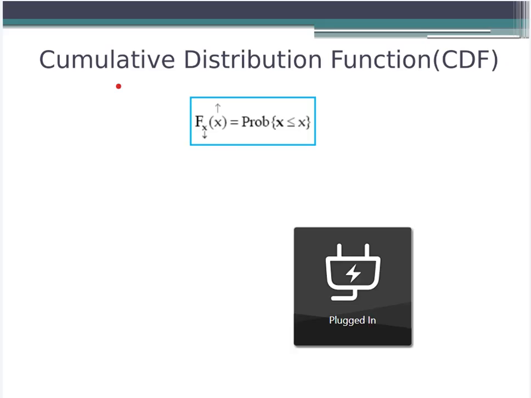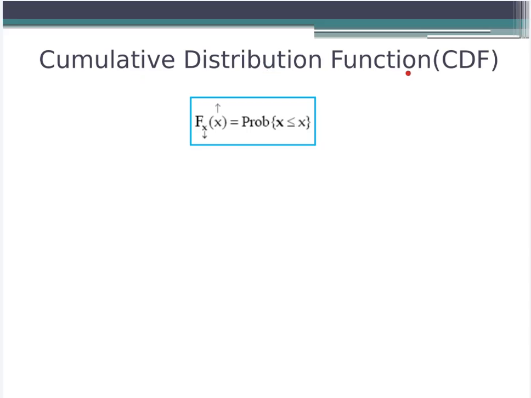We define the cumulative distribution function, or CDF, for continuous random variables and also for discrete random variables. So the CDF can be used for both continuous and discrete random variables. Okay.